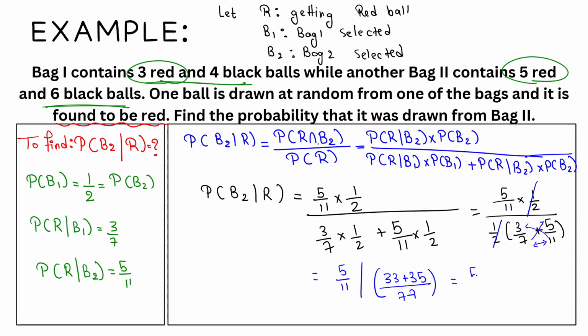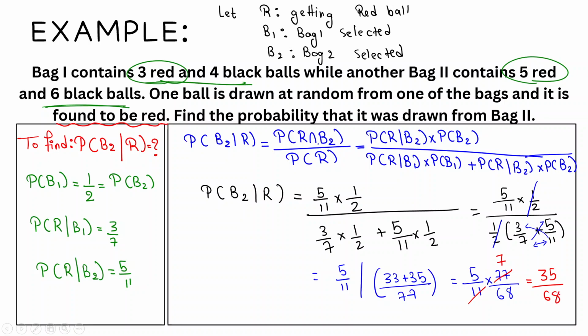So it is 5 by 11, and the fraction in the denominator gets reciprocated and multiplied. So it is 77 divided by 68. If I do the cancellation, it is going to be 7. So in the numerator I get 35, and in the denominator I get 68, which is going to be my final probability.